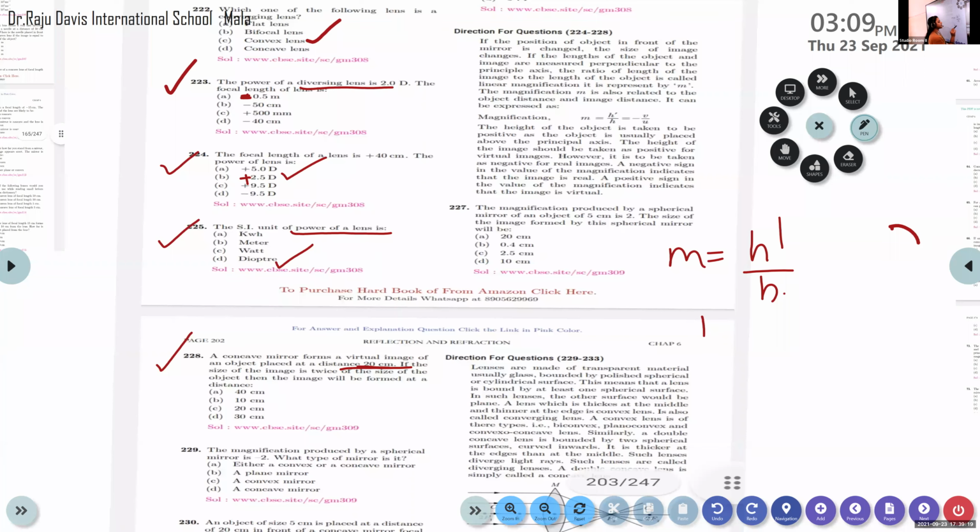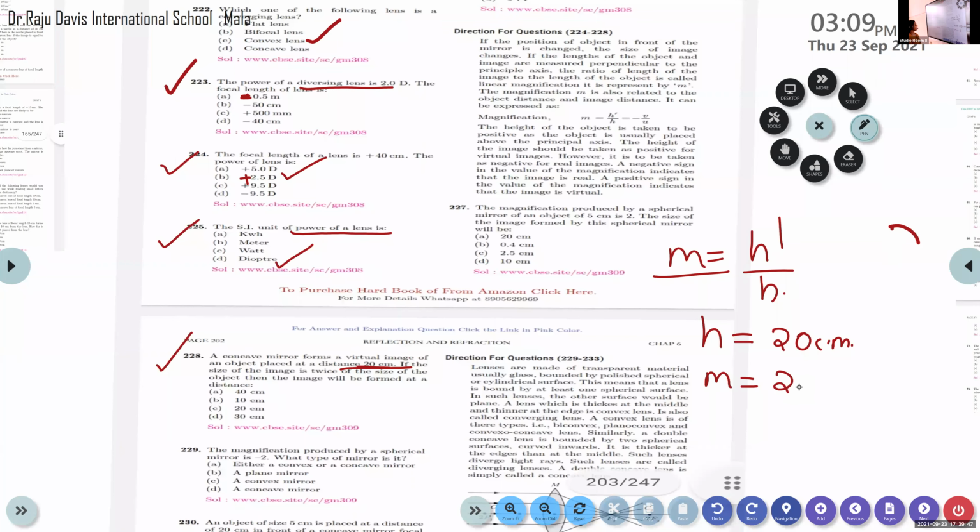The object size H is equal to 20 centimeter. Magnification means it is twice the size, so magnification M is equal to 2. Ma'am, H is negative 20 now. Yes, H is equal to negative 20.